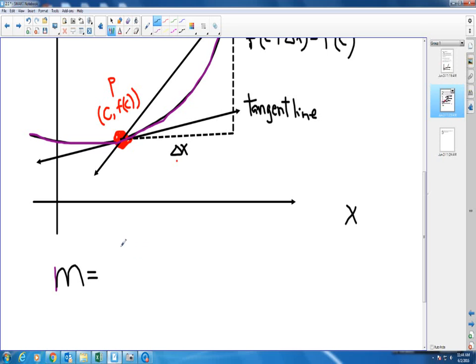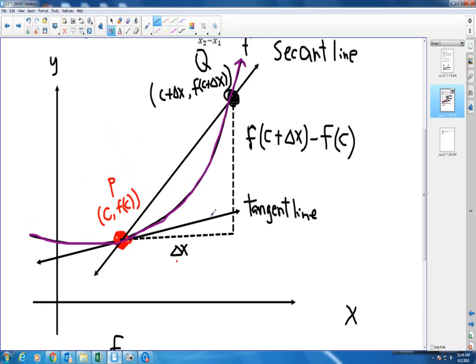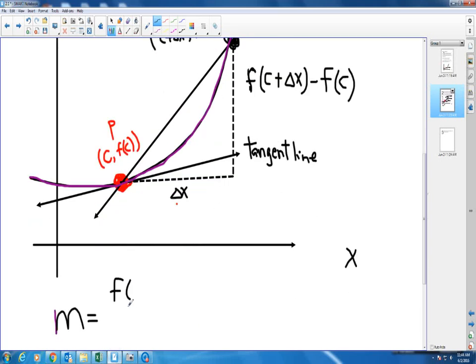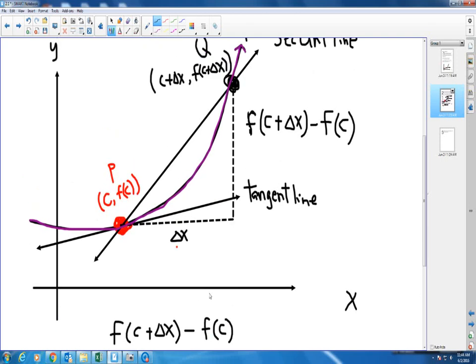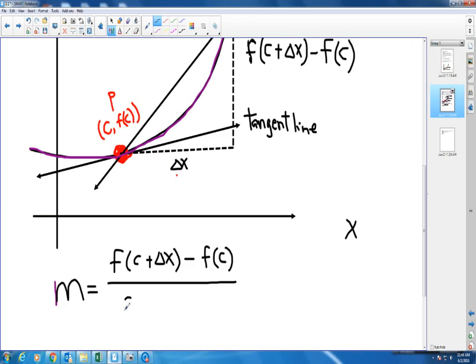So we take the y value of point Q, which is f of c plus delta x, minus the y value of point P, which is f of c, divided by the x value of point Q, which is c plus delta x, minus the x value of P, which is c.